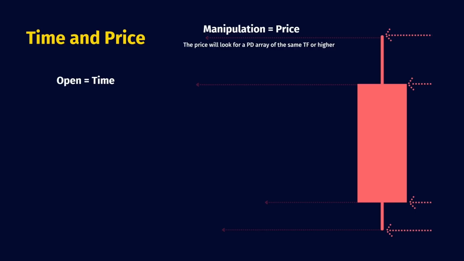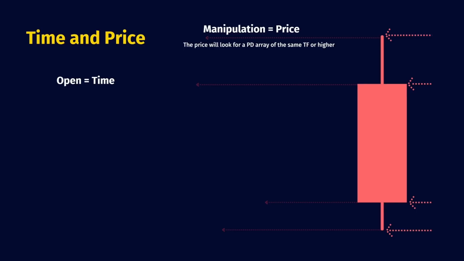It's the same for price, because when price opens, this is at a specific time, and when price moves in the manipulation phase, price is moving to one specific PD array.